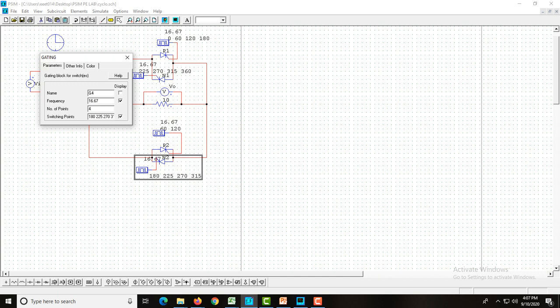The next one, N1 will have only 2 switching points, so that will be 240 to 300.